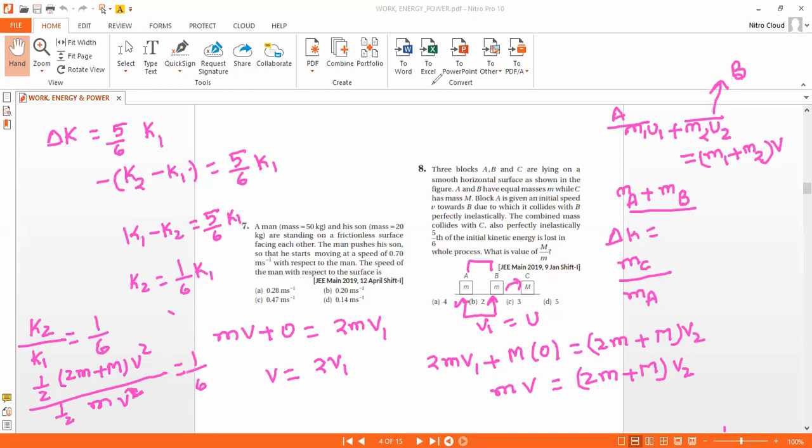So upon calculation, half will get cancelled. Now see, whatever the velocity is there, we'll have the same here also. So that's why I kept this one.